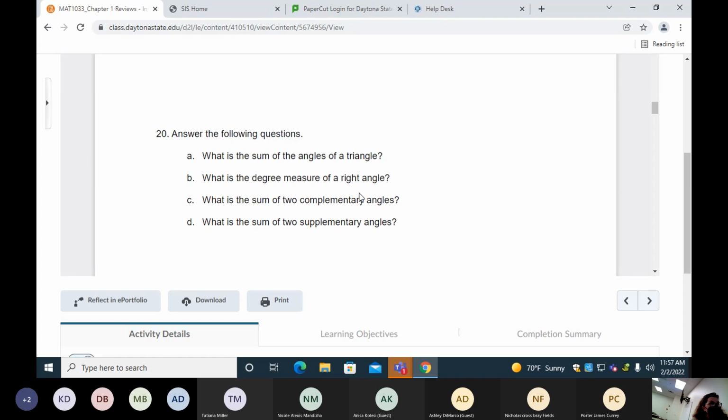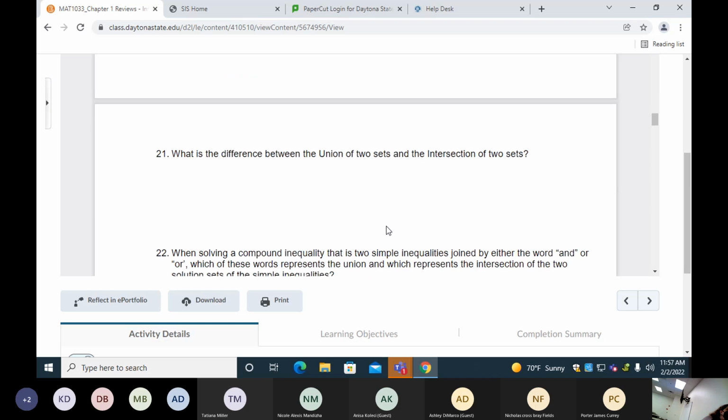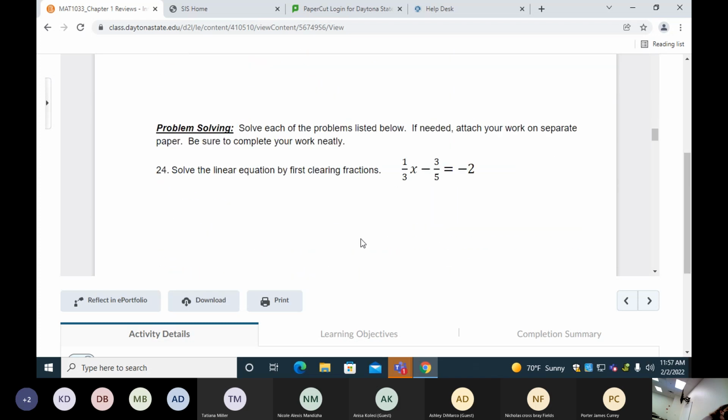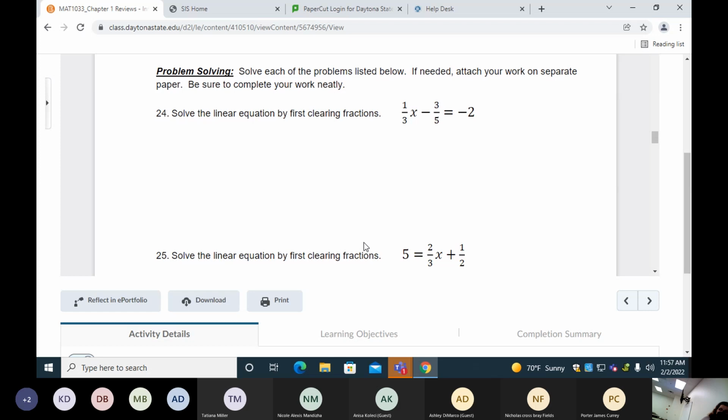What is the degree measure of a right angle? Complementary angles add up to 90. And 2 supplementary angles add up to be what? 180, right. Don't worry about it.